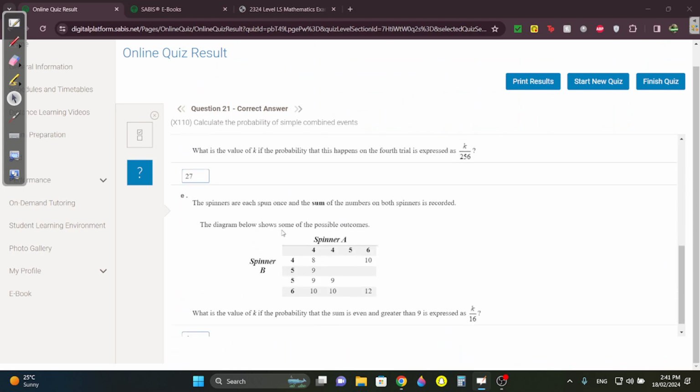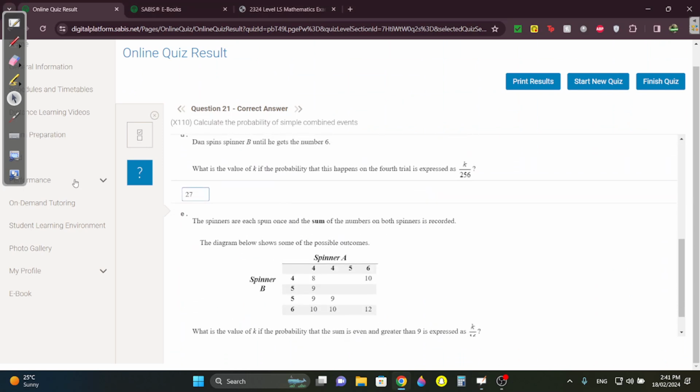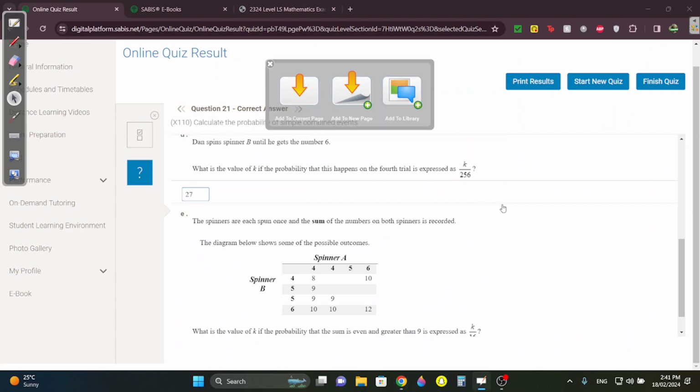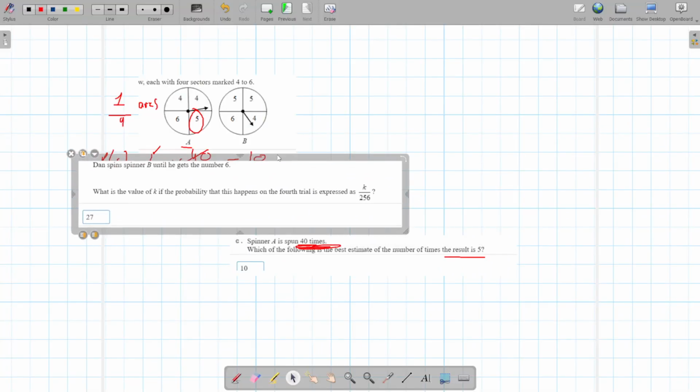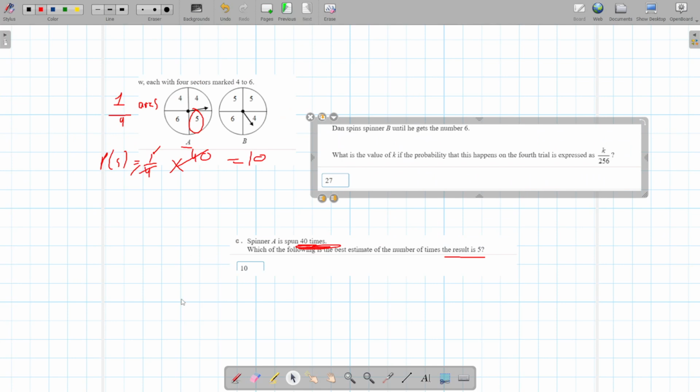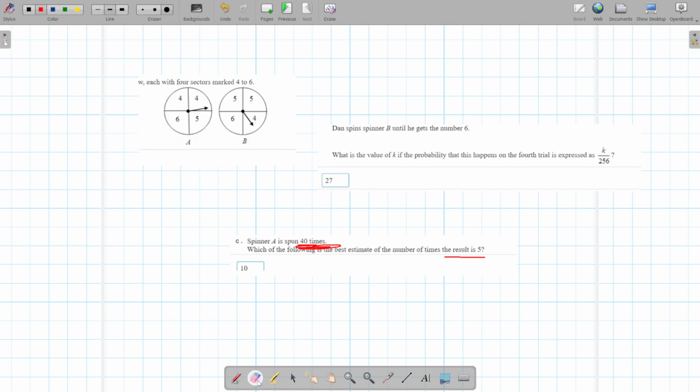Okay, Dan spins spinner B until he gets the number 6. What's the value if it happens on the fourth try? Okay, what does it mean if he spins it 4 times and on the fourth time he gets 6? So he's spinning spinner B. So we want the probability he gets 6 on the fourth trial.